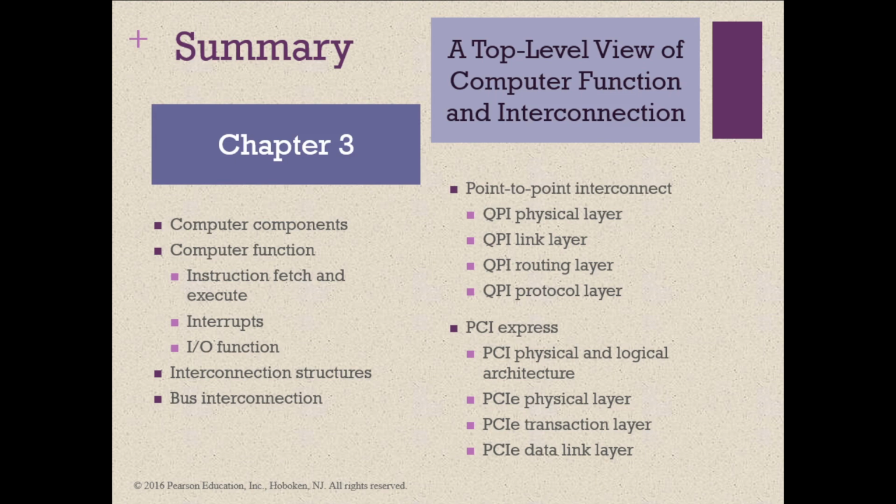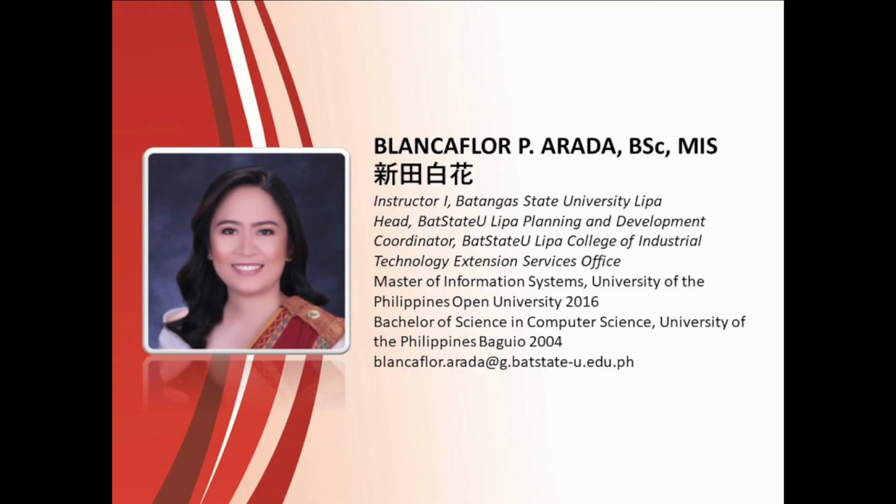For the point-to-point interconnect, we have the QPI physical layer, QPI link layer, QPI routing layer, and QPI protocol layer. And then we also dealt with PCI Express, which has similarities with QPI: the PCI physical and logical architecture, the PCIe physical layer, the PCIe transaction layer, and the PCIe data link layer. So we've already finished the discussion of chapter 3.